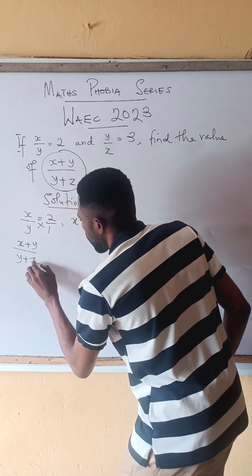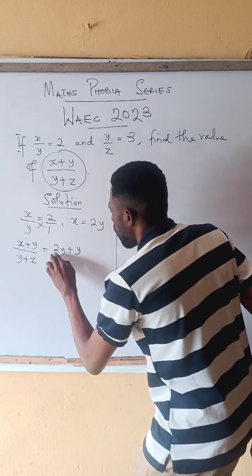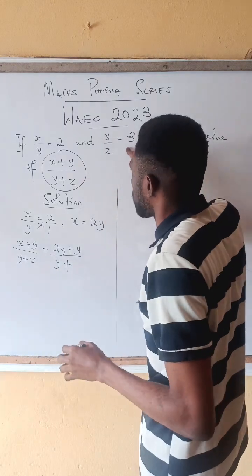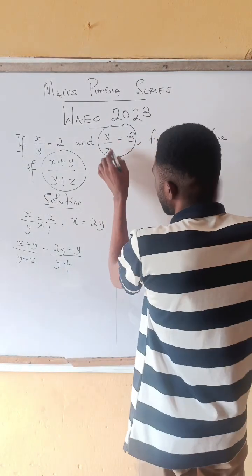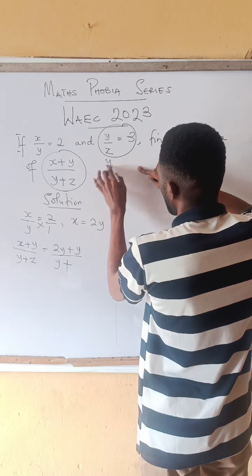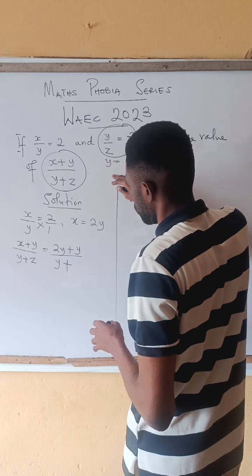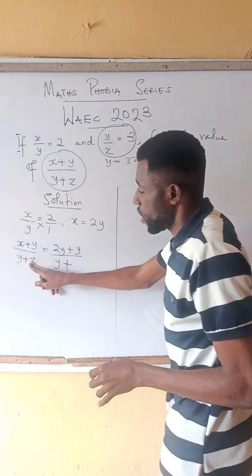Okay, so what is my x? 2y plus y over y plus z. I can also express my z from here in terms of y. So if I cross multiply from here, I'm going to have y equals 3z. So I'm going to make z the subject of the formula, so that I can replace the value for y.